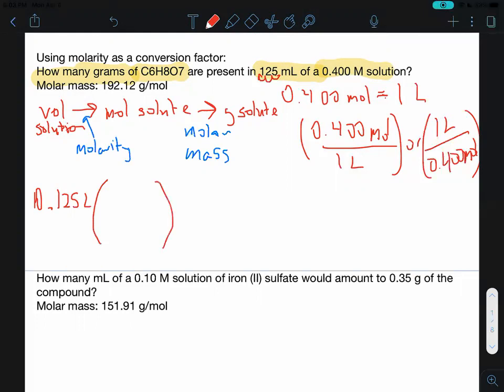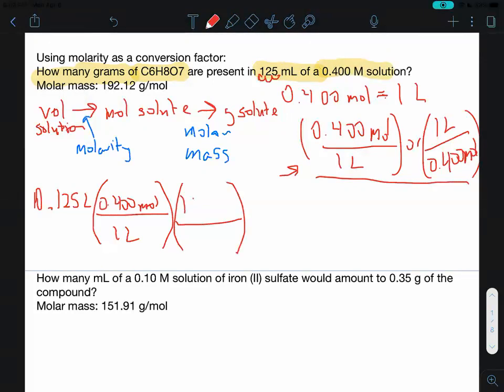And then I want to use one of these two conversion factors to convert from liters to moles. So that's going to be this first one that has liters on the bottom, 0.400 moles in 1 liter, so that my liters will cancel out and I'll be in moles. And then once I'm in moles, I'm just using molar mass to convert to grams. 192.12 grams in 1 mole.